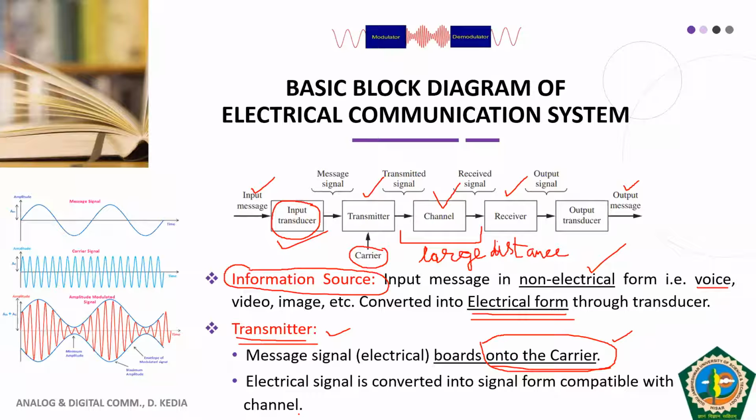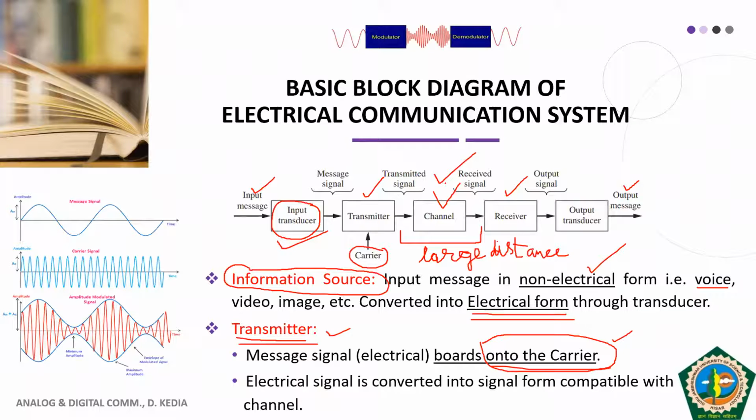If you have to go by aeroplane, then when you move from home, you will make a certain kind of preparation that you require for flying from one place to another. So your channel in the case of an aeroplane is different, in the case of a ship is different, and in the case of a car is different. The same thing applies to electrical communication as well.